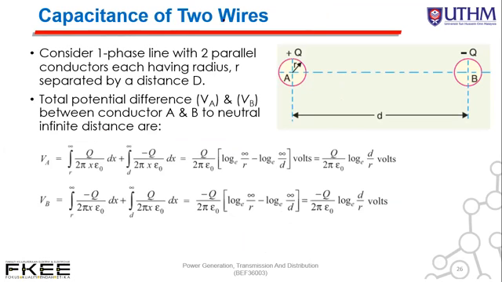Let's see the capacitance of two wires. Consider a single phase line with two parallel conductors, each having radius R, separated by a distance D. We have conductor A and conductor B here, both with the same R, and a distance D. So we can calculate the potential differences VA and VB between conductors A and B and the neutral at infinite distance as this equation.